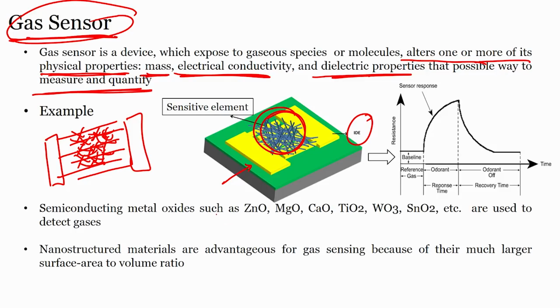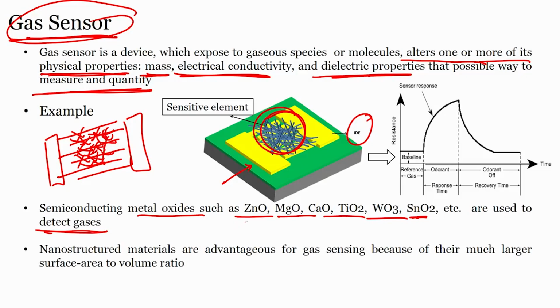The semiconductor metal oxides such as zinc oxide, MgO, CaO, TiO2, WO3: zinc oxide, magnesium oxide, calcium oxide, tin oxide, titanium dioxide, tungsten oxide, etc., are used to detect gases, and many more.